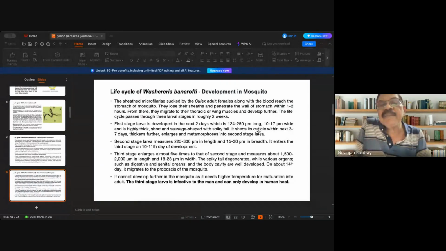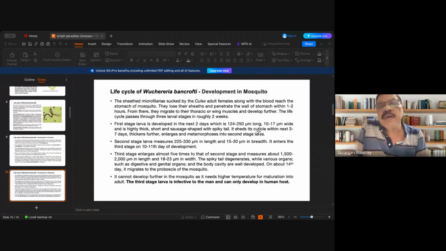The life cycle passes through 3 larval stages in 2 weeks. So after its entry into the mosquito, it has to develop further through 2 moltings and 3 larval stages, which is completed roughly within 14 days or 2 weeks.